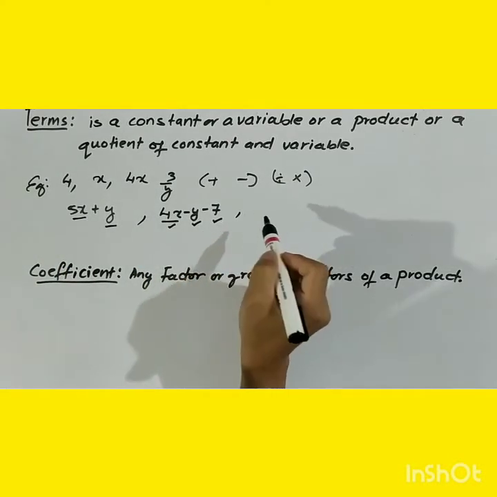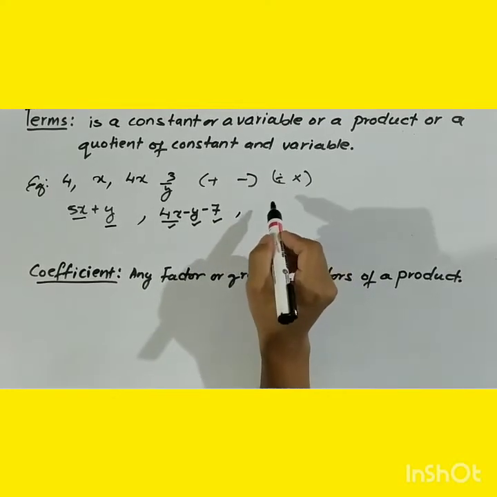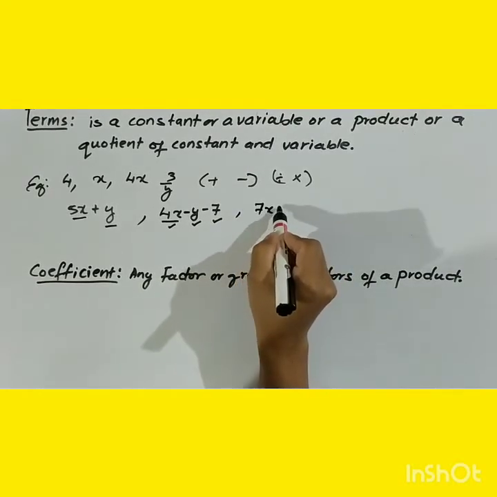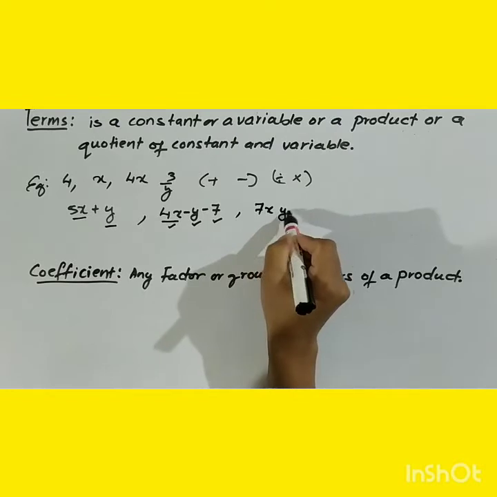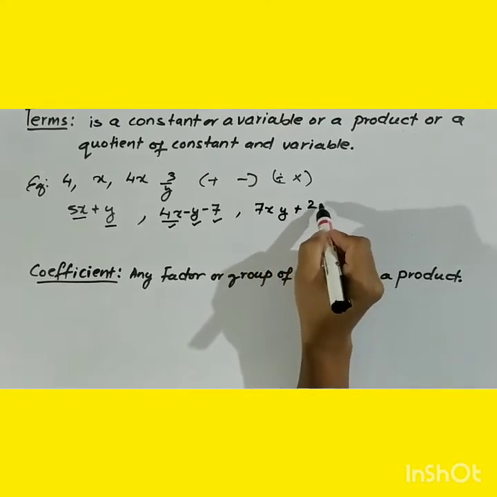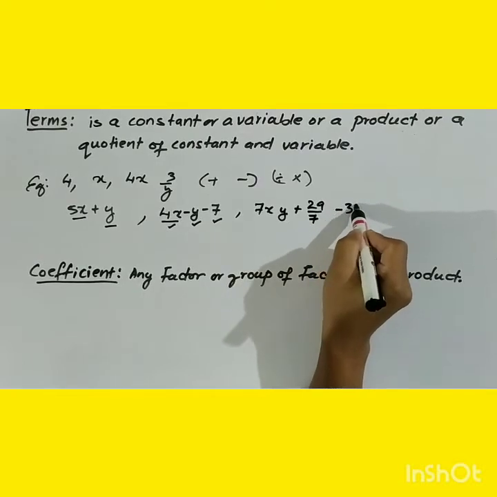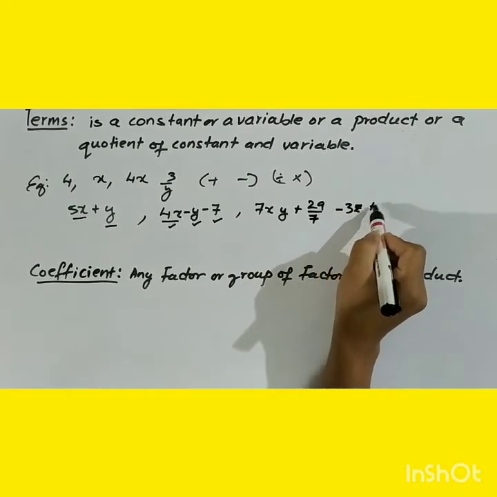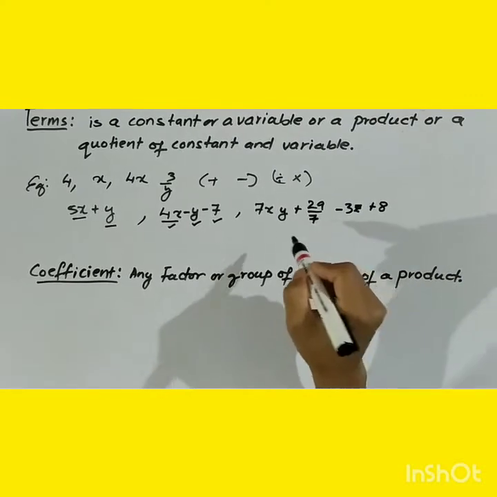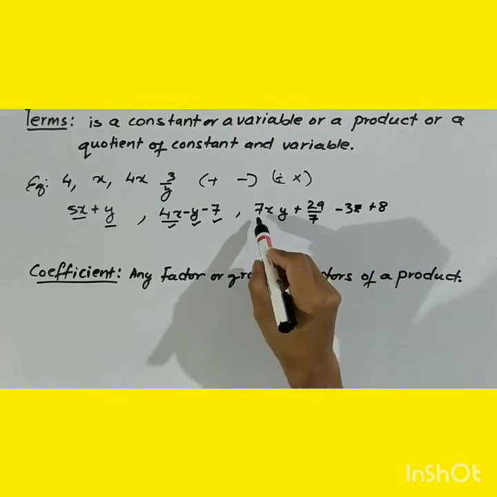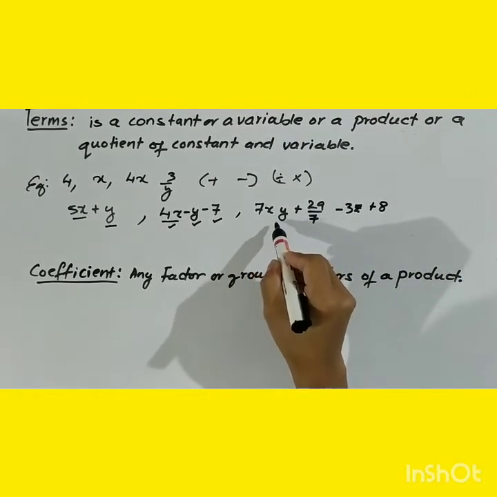Okay, let's do one more example. Let's say 7xy, right, plus 2a upon 7 minus 3z plus 8. Okay, so in this case the product 7xy, right?